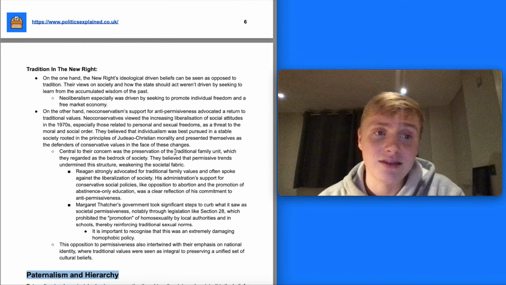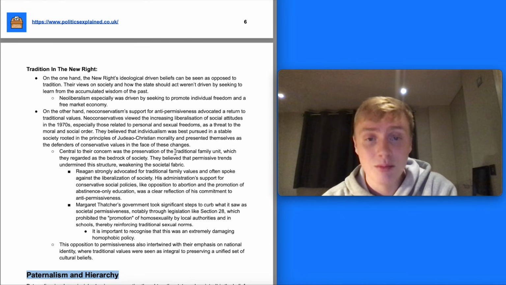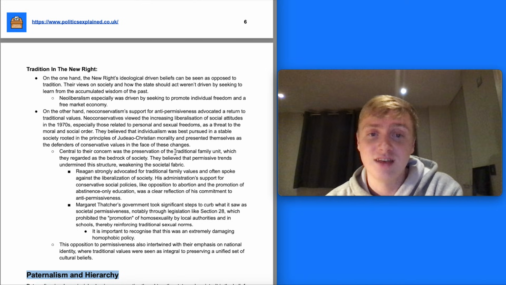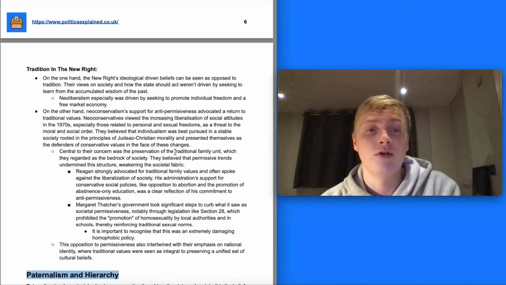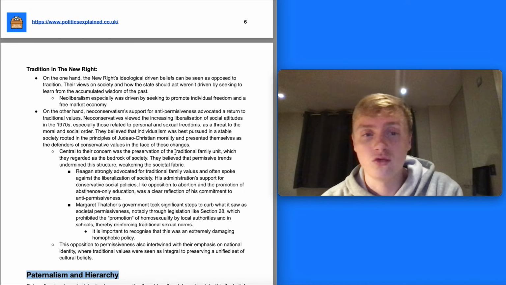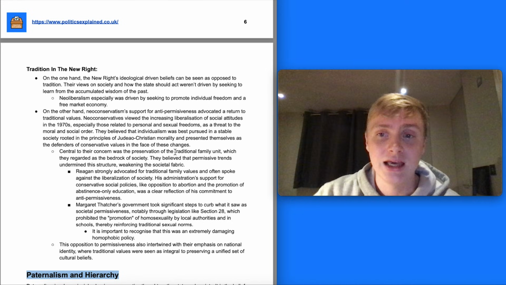But on the other hand, we can see their support for tradition in neoconservative support for anti-permissiveness, which advocated for a return to traditional values within society. So they saw the increasing liberalisation of social attitudes in the 1970s and advocated for a return to what they call Judeo-Christian values of the nuclear family.